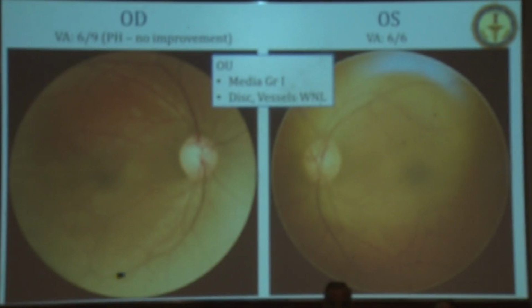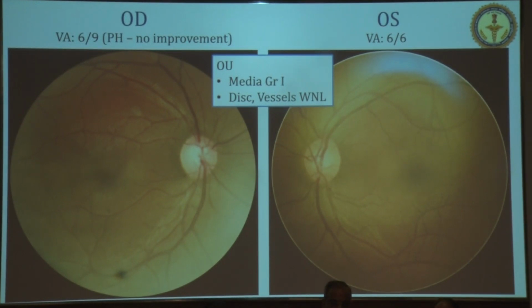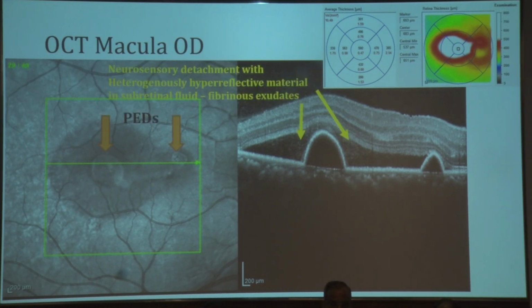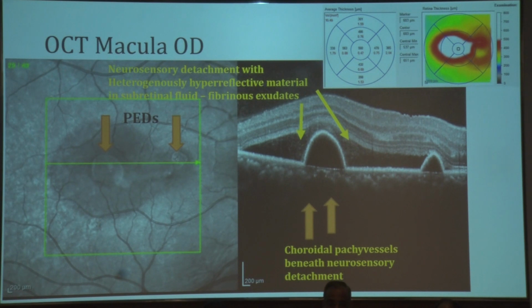At this time, in our OPD, the visual acuity in the right eye was 6/9. The PEDs were as before, but the serous detachment of the central serous retinopathy in the right eye had enlarged. The OCT macula corroborated our findings, and the neurosensory detachment was seen with exudative material.